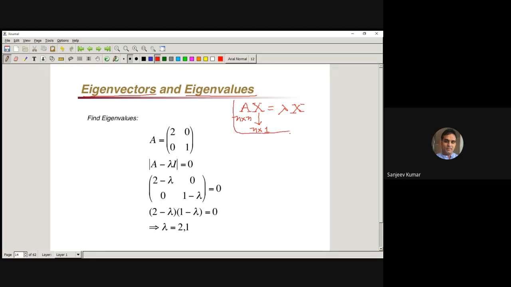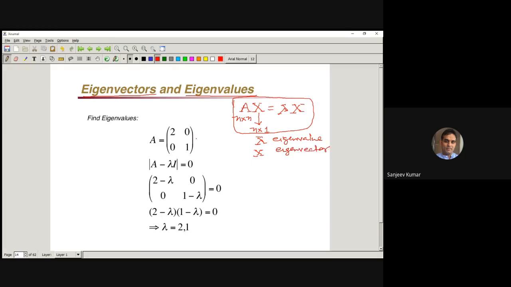If a non-zero vector x along with a scalar lambda satisfy this relation for a given matrix A, then lambda is called eigenvalue and x is called the corresponding eigenvector corresponding to eigenvalue lambda.